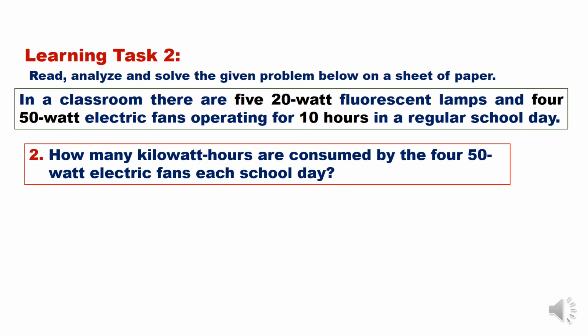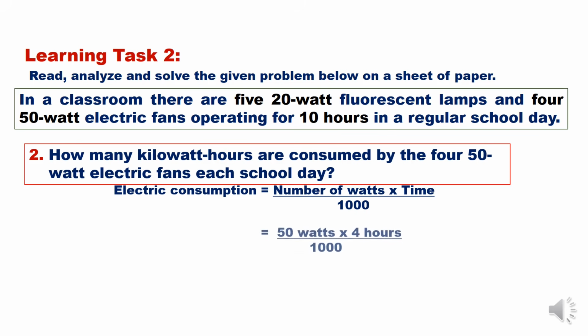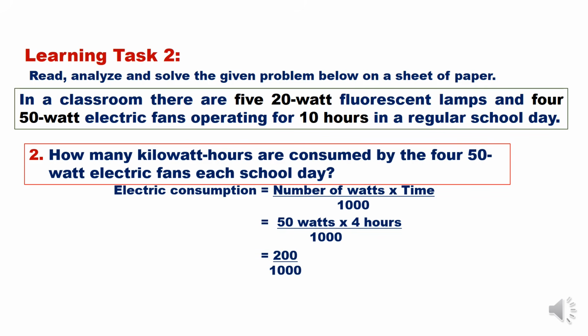Number 2. How many kilowatt hours are consumed by the 4 50-watt electric fans each school day? Formula, electric consumption equals number of watts times time divided by 1,000. So 50 watts times 4 hours divided by 1,000. 50 times 4 equals 200. Divided by 1,000 equals 0.2 kilowatt hour.